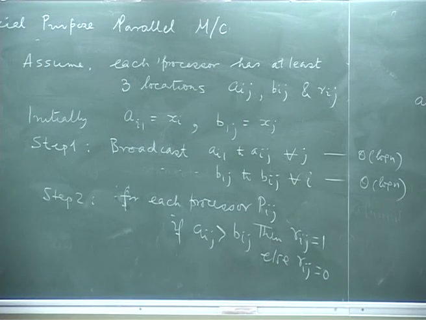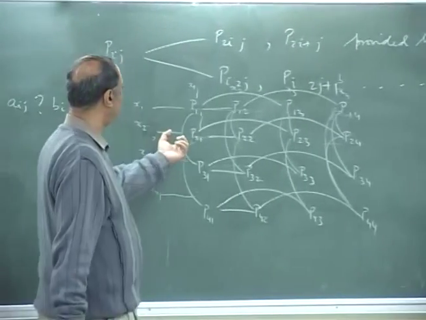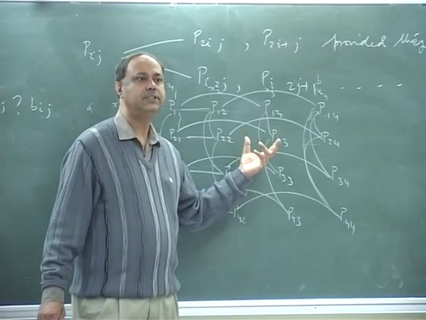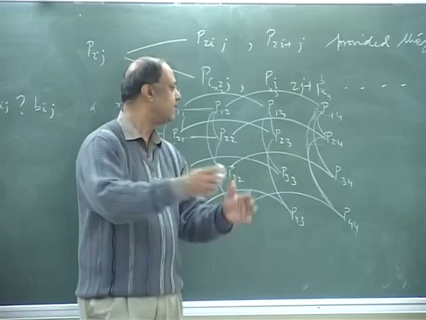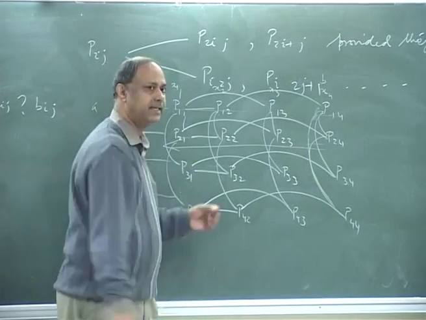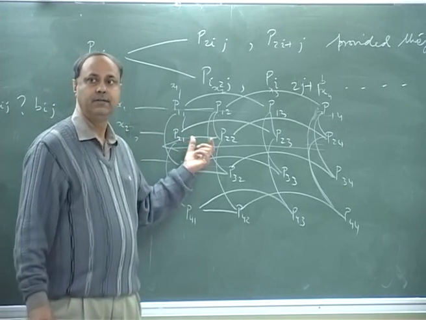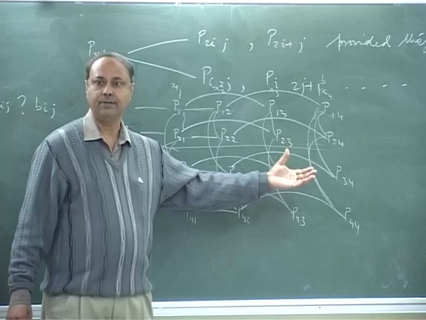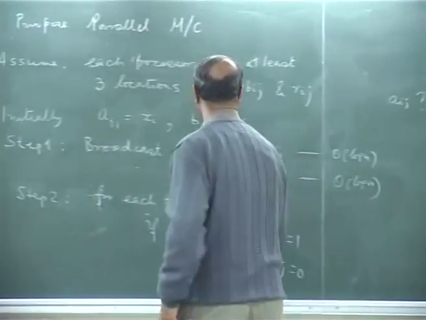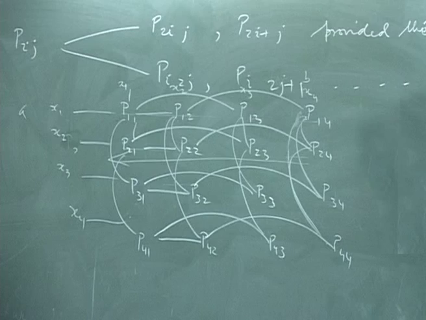What it means is that a processor Pij has compared Aij with Bij, and if Aij is greater than Bij, then rank Rij is 1, otherwise it is 0. So every processor now contains Rij, which is either 0 or 1. Now, if I sum them along this side, I get the rank of xi with reference to every other element. Agreed or not?